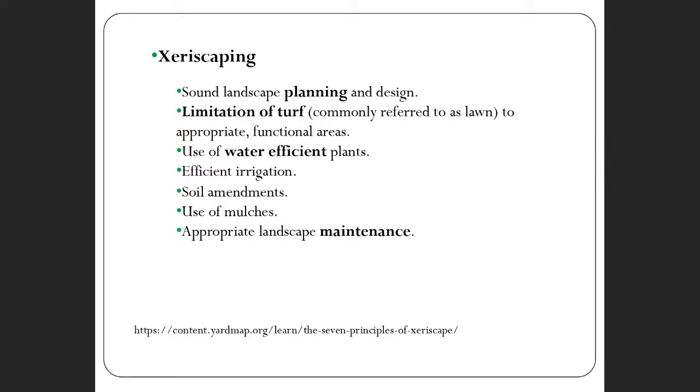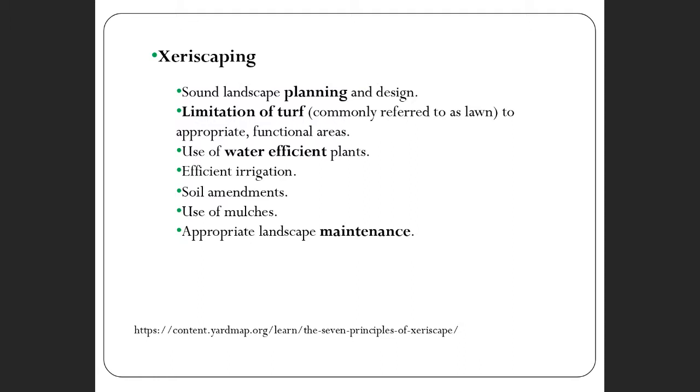Here's a slide on xeriscaping. What does xeriscaping mean? It has to do with sound landscape planning. We have to plan and design. We might need a landscape architect to do our xeriscaping plan. We want to limit that turf grass. I think somebody was talking about that before the break.